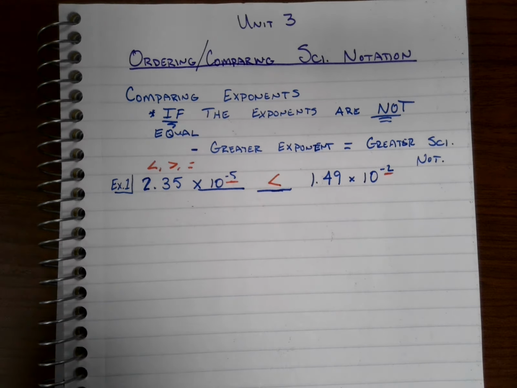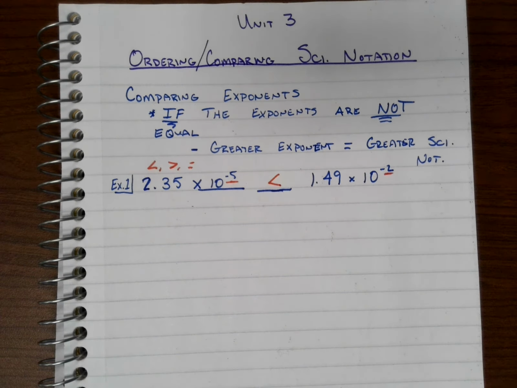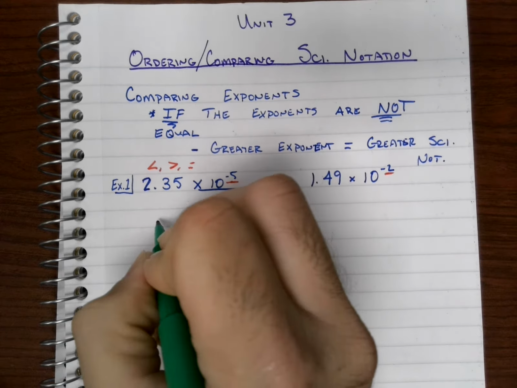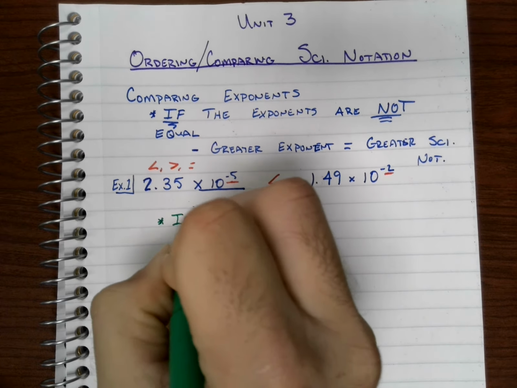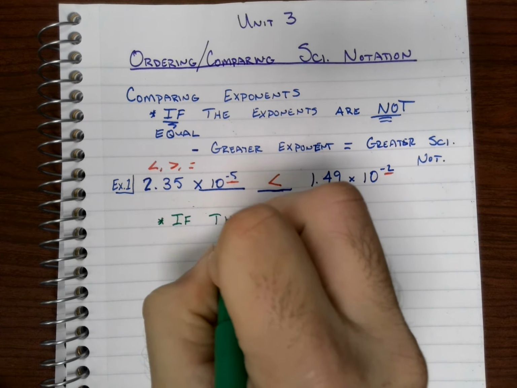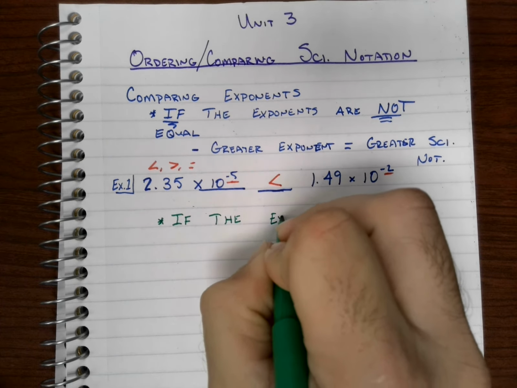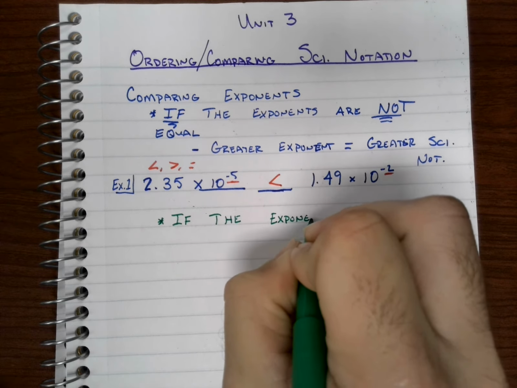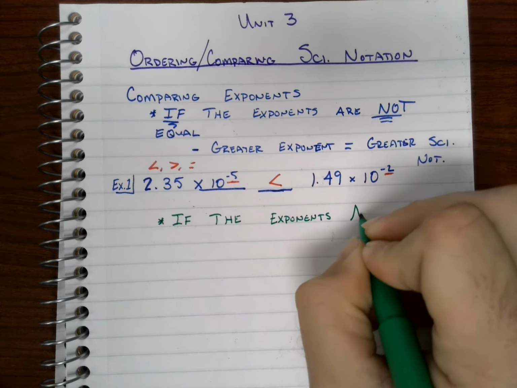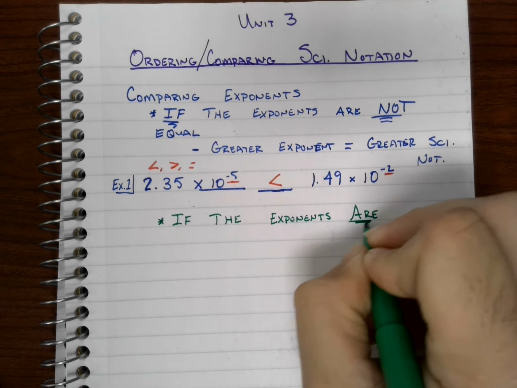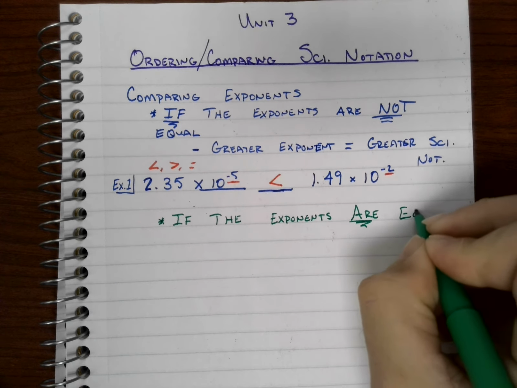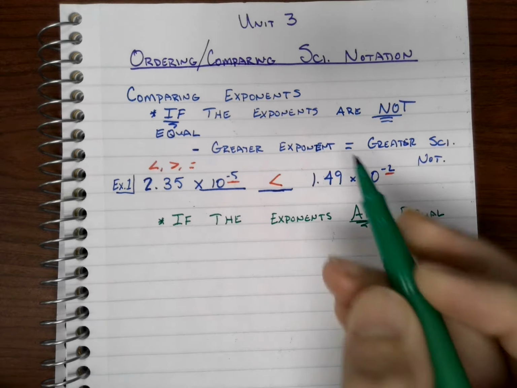Now, the other way: what if the exponents are equal? Underline the word are, they are equal. The examples up here are for when they are not equal.